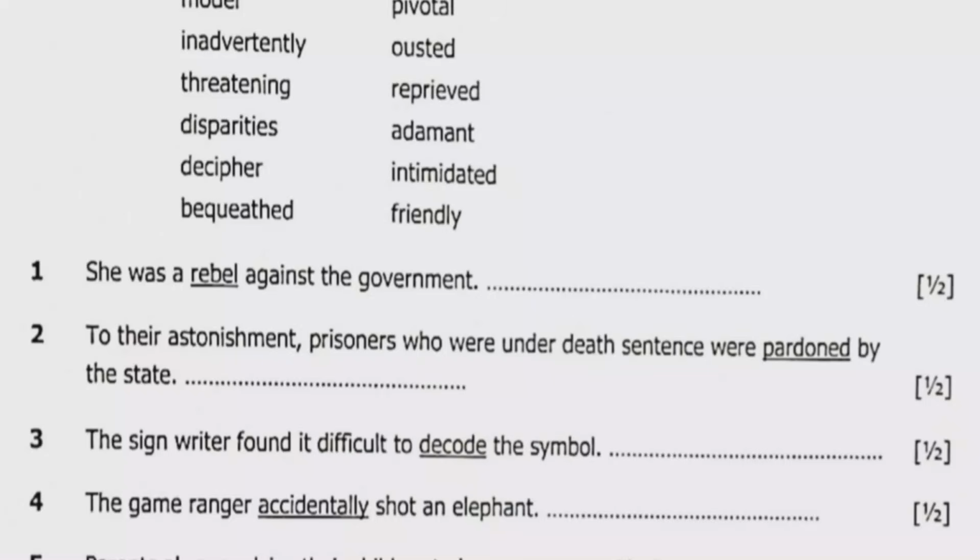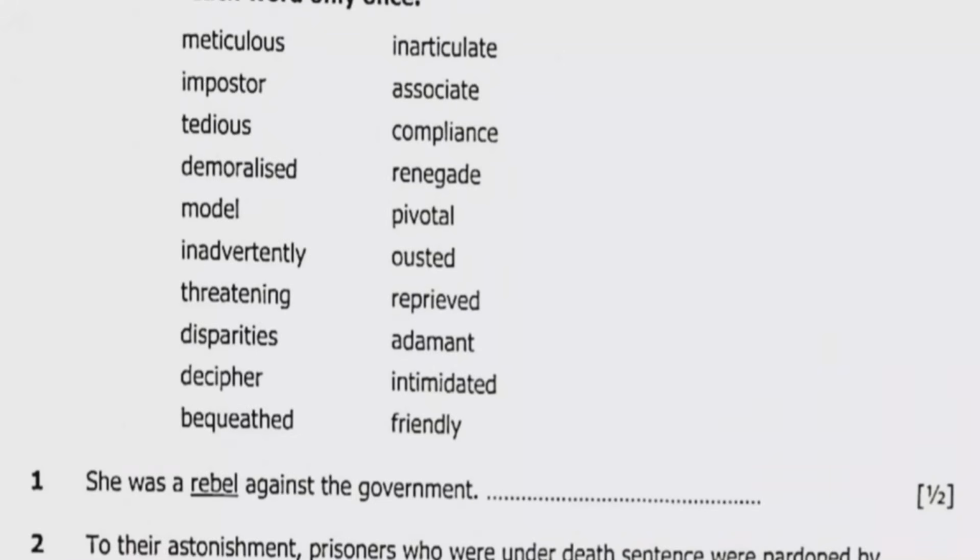Question 1 is, she was a rebel against the government. So the correct answer here is renegade.